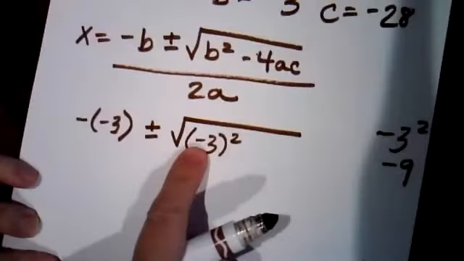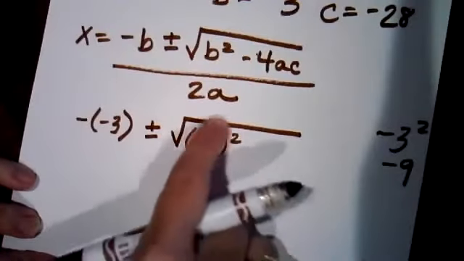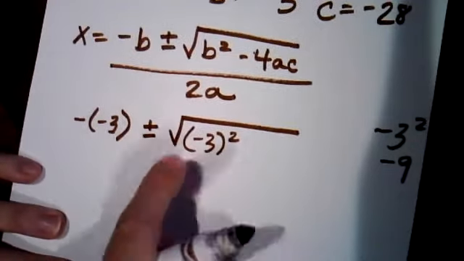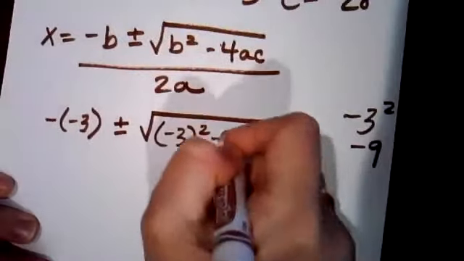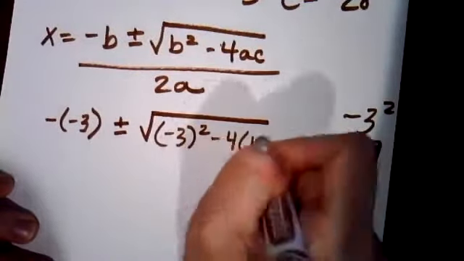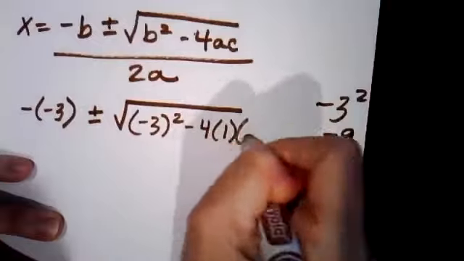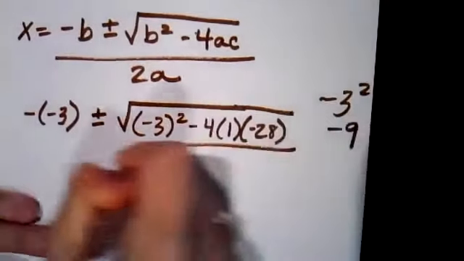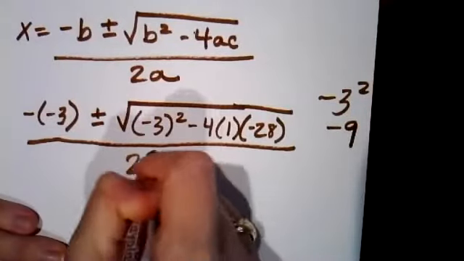But if we have this, it's actually negative 3 times negative 3, which is a positive 9. So be careful. Then negative 4 times 1, which is our A, and times negative 28, which is our C, all over 2 times 1.